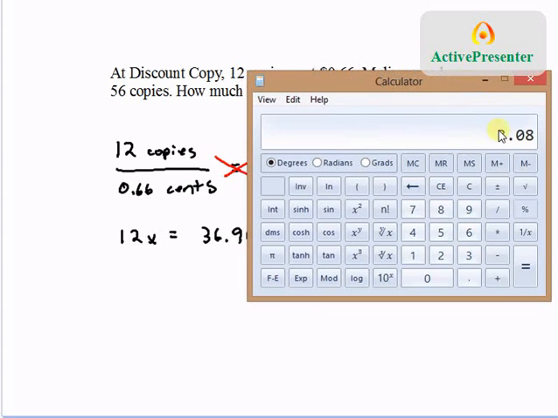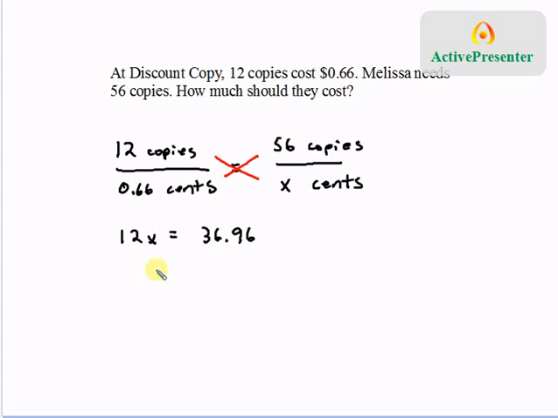And that gives us a total of $3.08. So x is equal to $3.08 because we solved our equation, simply divided here, and we divided this by 12, and that gives us $3.08.